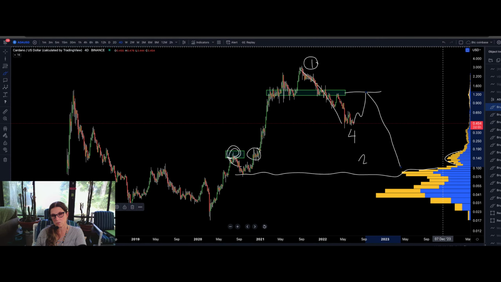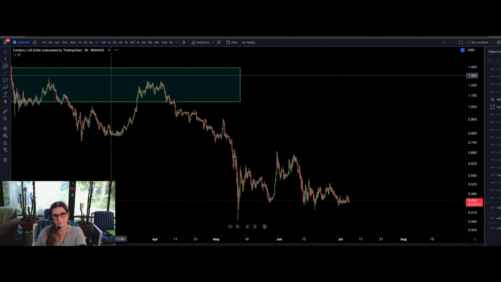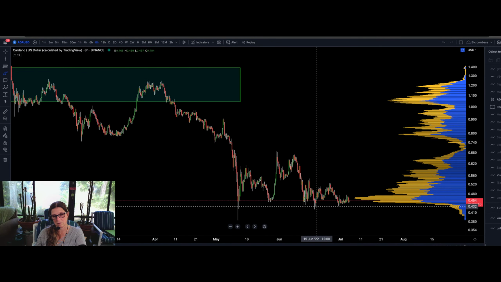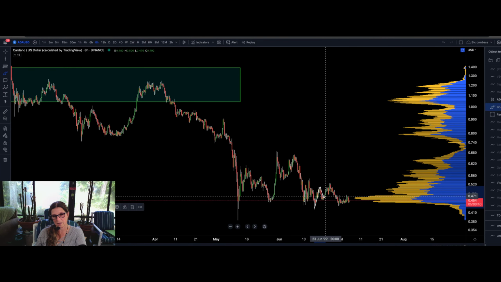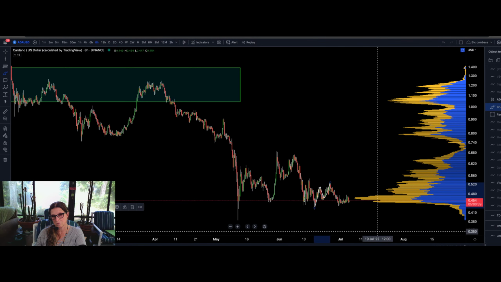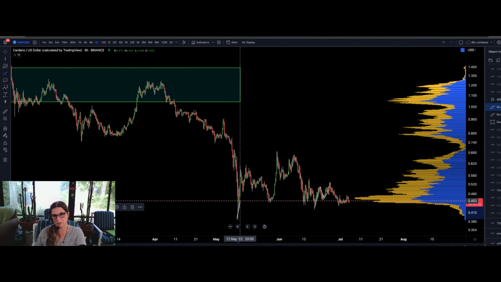Now, of course, it's always on the table that we've bottomed. But look at this, okay? That is so clear what that is. If we start from back here, very clear what that is.